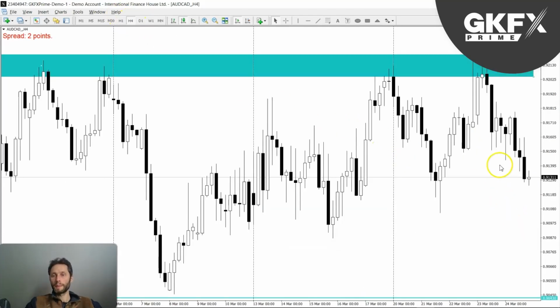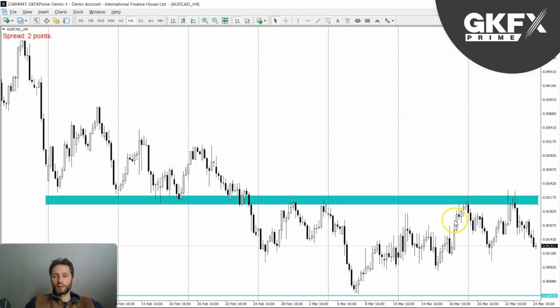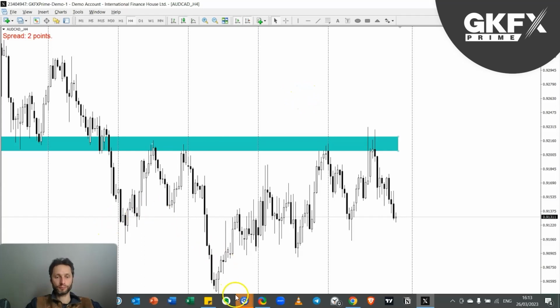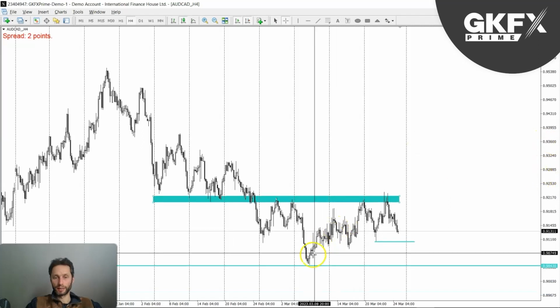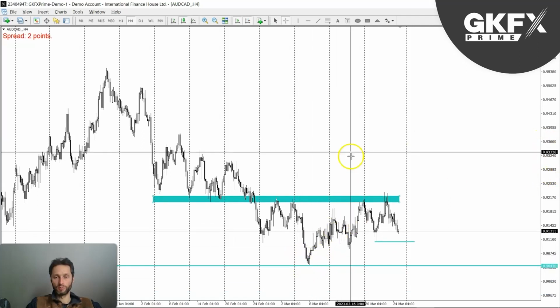So once again, looking here, we've got major breaks of structure, and the next thing I would expect is this low to be broken. With this low, if it indeed breaks, what I'll be looking at is the next downside, which is this obvious low.